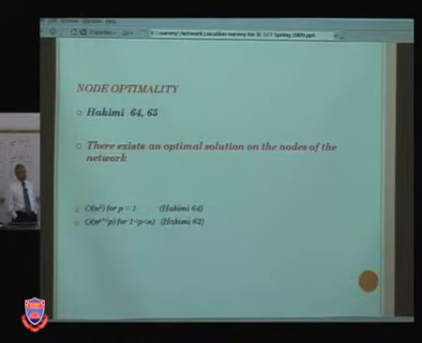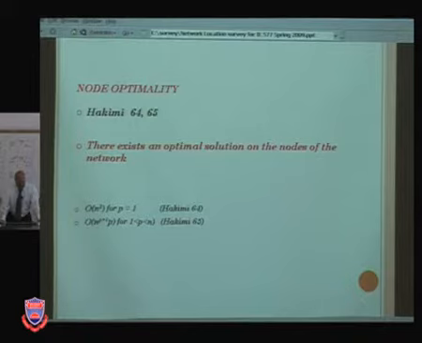And the first result we've seen on this is the node optimality result of Hakimi. Remember that we had this housetop or concave two-piece linear function for the distance from any fixed point to a variable point along an edge. And that concave function leads to a concave sum of functions, which is concave, which means the optimum restricted to an edge will occur either at one endpoint or the other endpoint.